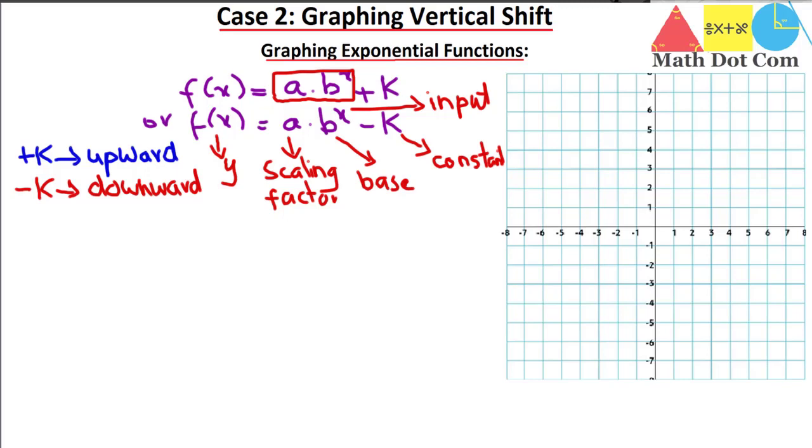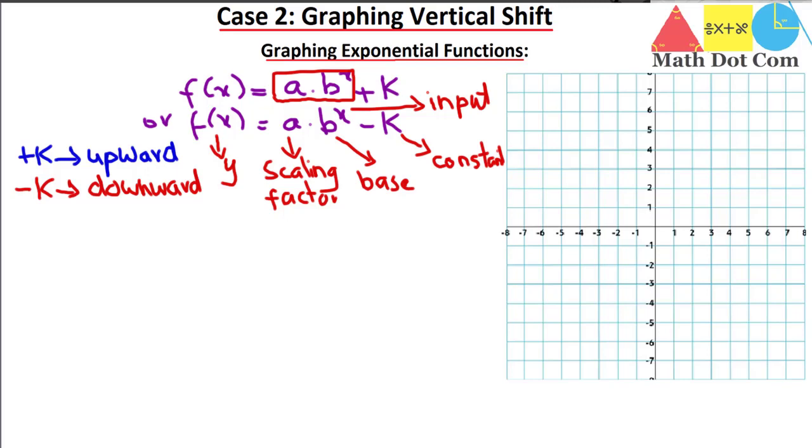In case 1, we were adding or subtracting from the exponent of this function, that is b raised to power x plus h, or x minus h. But here we are adding k to the whole value of this function, that is a dot b raised to power x plus k, or a dot b raised to power x minus k. So this is how it differs from the horizontal shift.